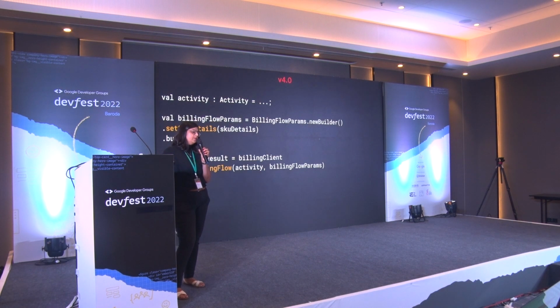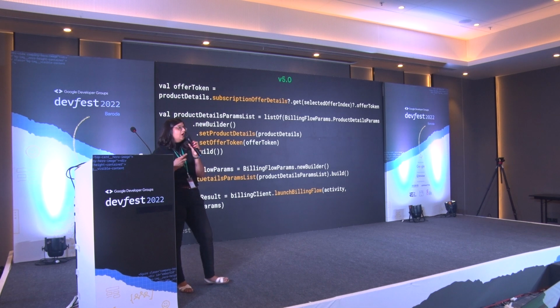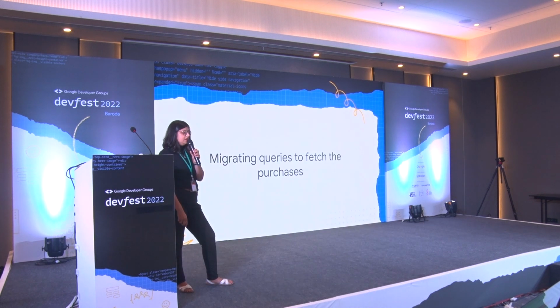Now it has changed: you have to give the offer token, which we saw earlier, to identify the offer that your user is going to use for this particular subscription. And then you have the product details that we got from the previous APIs, and then you launch the billing flow. Again, Kotlin extensions are available for the same.